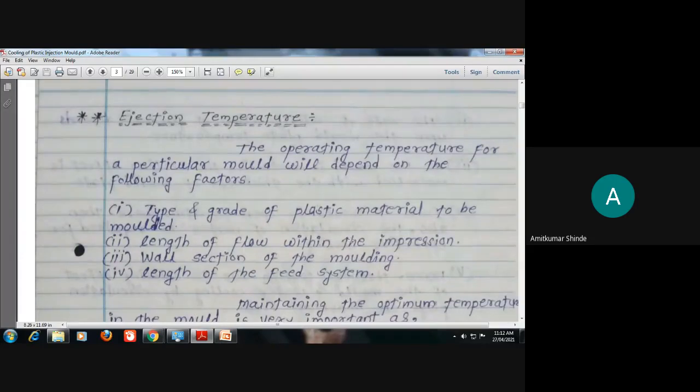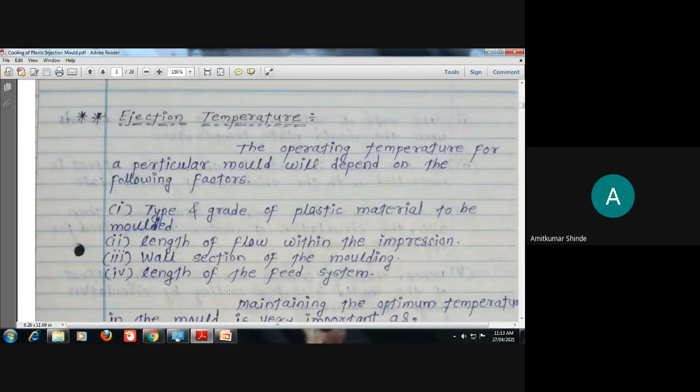As far as possible, you have to choose the minimum wall thickness. This covers the wall thickness of the part as well as the wall section of the molding in your total mold.